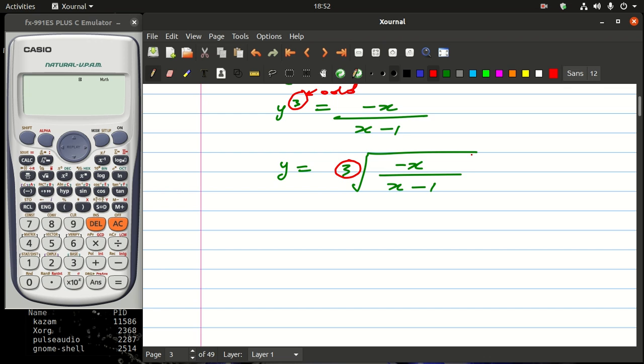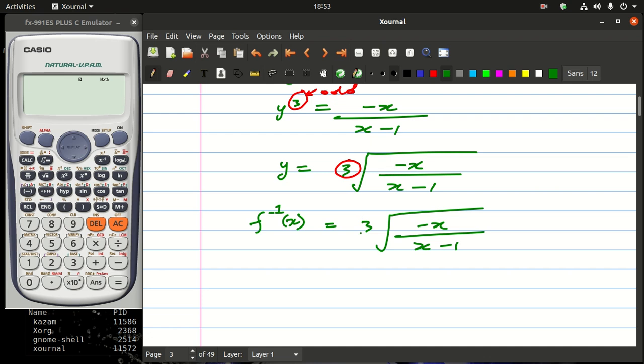I can always take a cube root of a negative number. The only issue that I have will be in the denominator here. So basically, the inverse function of x here is just going to be cube root of minus x all over x minus 1.